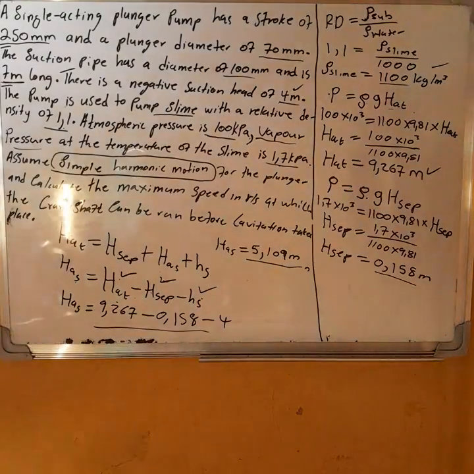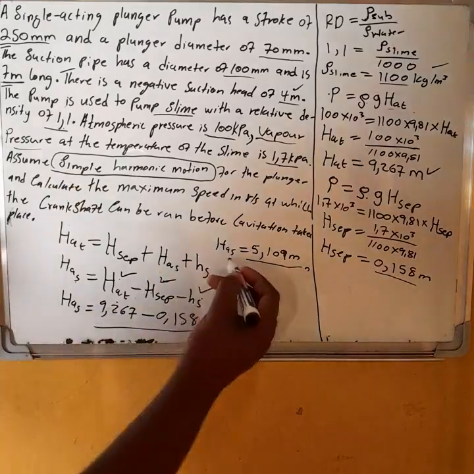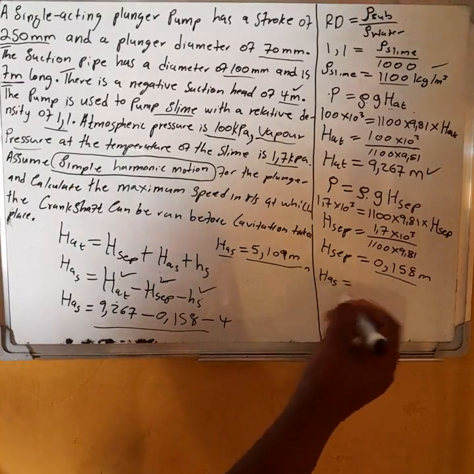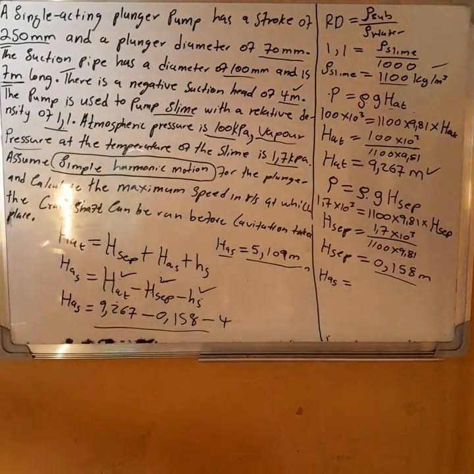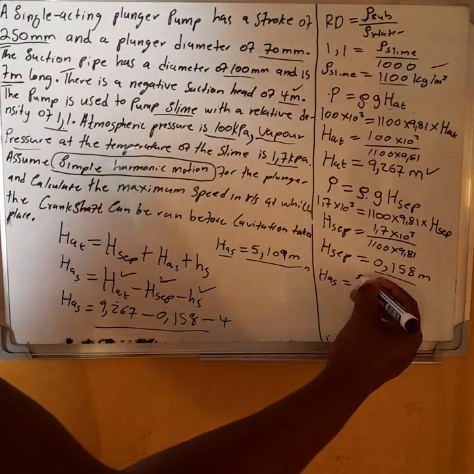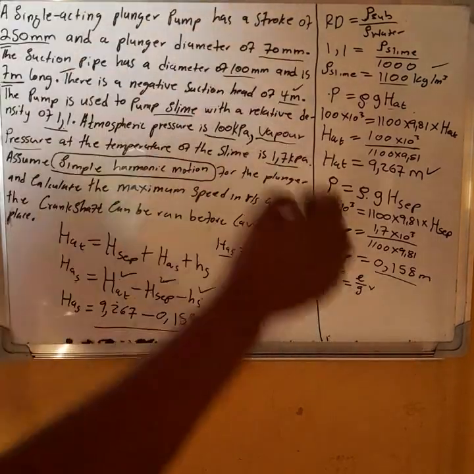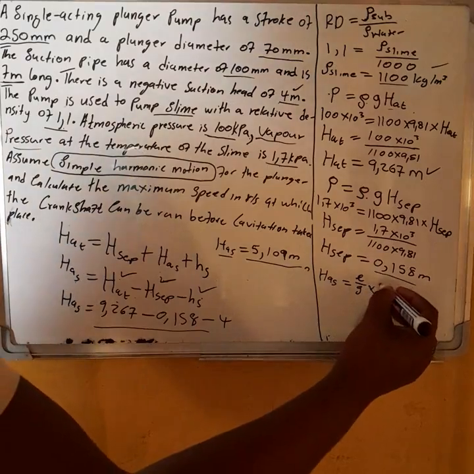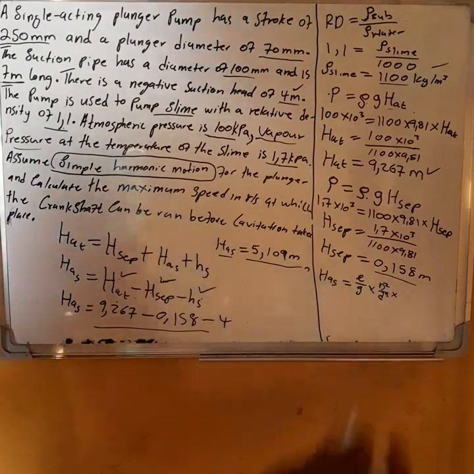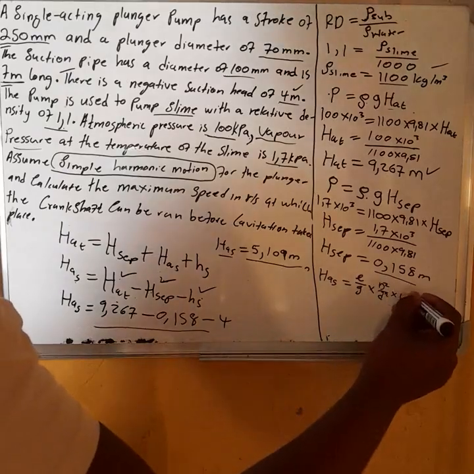Now we know this H is equal to, you know the formula, the length of the pipe over gravity multiplied by d over d squared multiplied by angular velocity squared, which is what we are looking for.